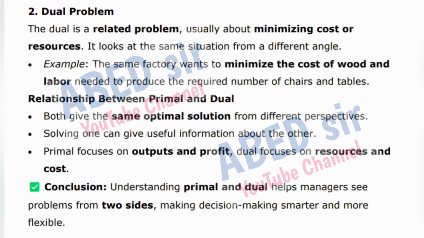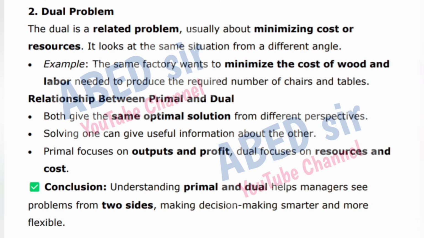2. Dual problem. The dual is a related problem, usually about minimizing cost or resources. It looks at the same situation from a different angle. Example, the same factory wants to minimize the cost of wood and labor needed to produce the required number of chairs and tables. Relationship between primal and dual.